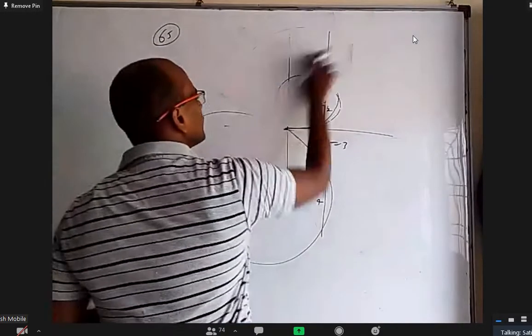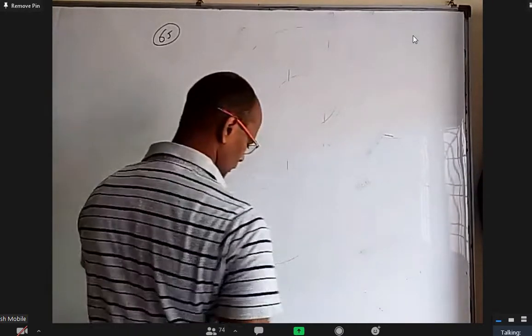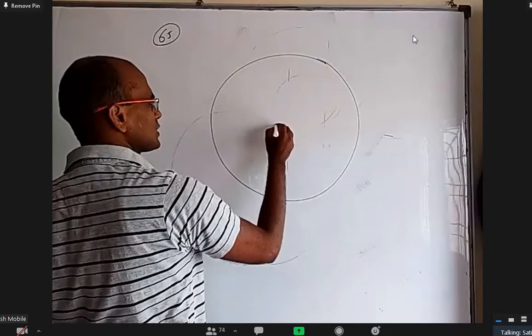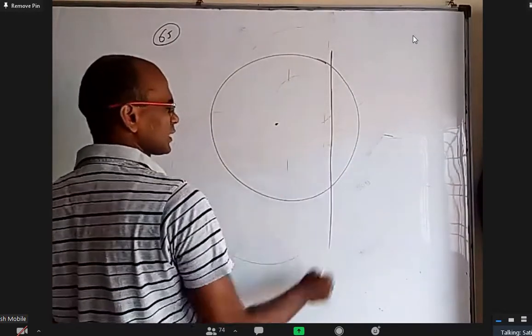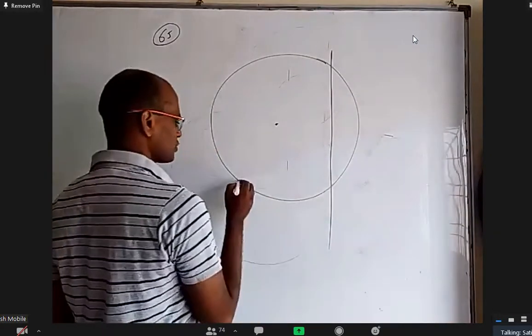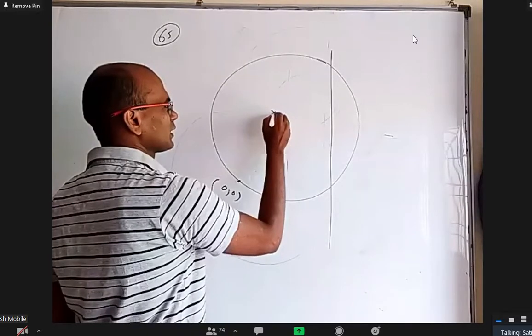Better to draw a circle first. This is the center, this is the line x equal to 3, and this is the origin. I'll take the center as x1 y1.